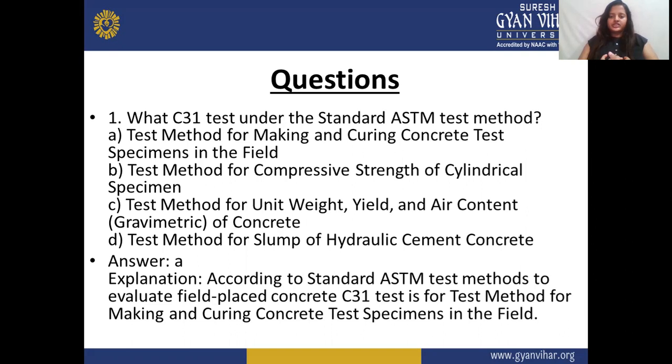The mold is then taken into the lab, where it undergoes a lot of tests to understand the final strength it has achieved in a controlled environment. So the explanation is, according to the standard ASTM test method to evaluate field placed concrete, the C31 test is for making and curing concrete test specimens in the field.